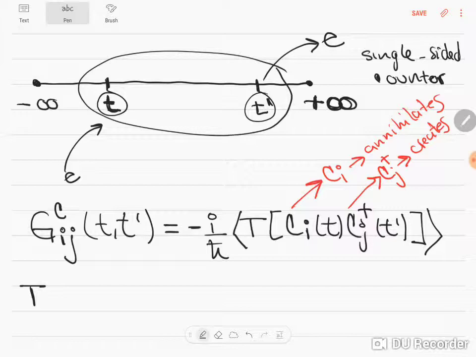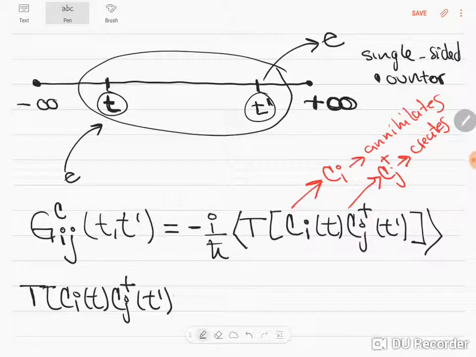What the time-ordering operator does is take into account the relative position of the events in the time contour, whether the event happening at t is happening before or after t prime, which is quite important.